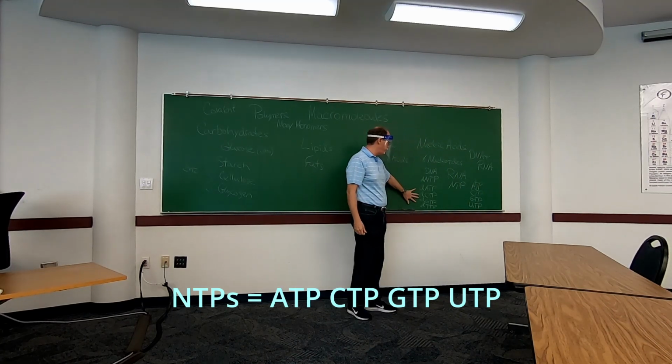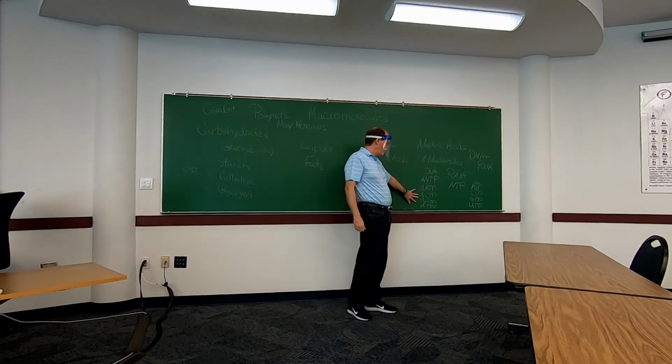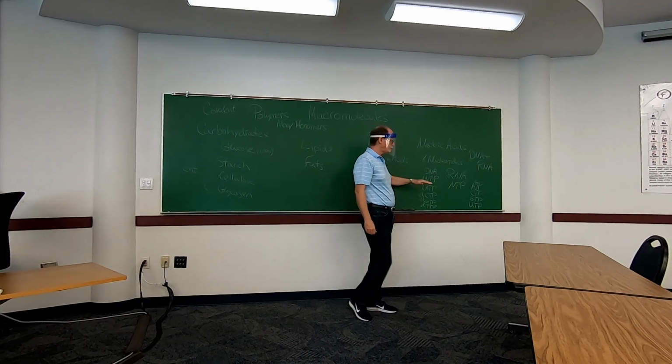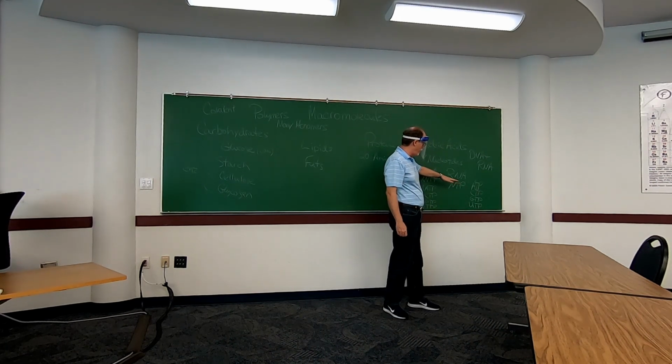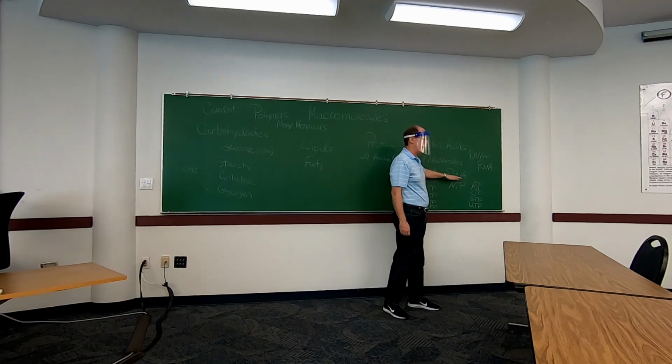So these four nucleotides are used by DNA polymerase to make DNA. These four nucleotides are used by RNA polymerase to make RNA.